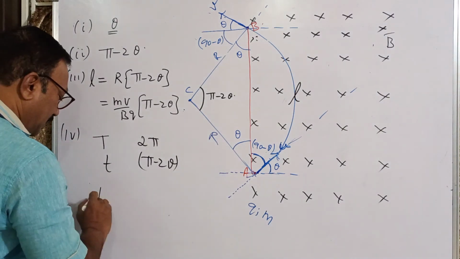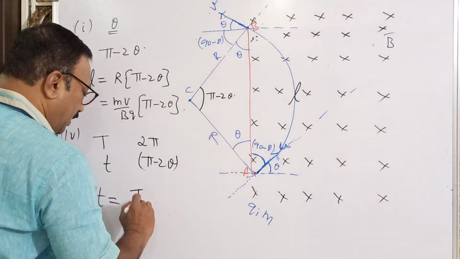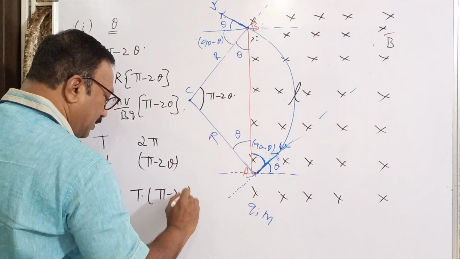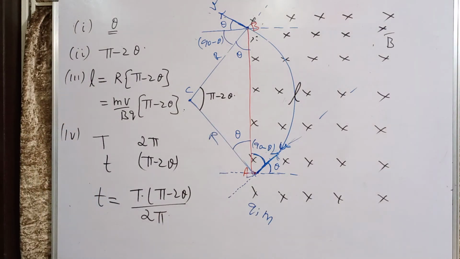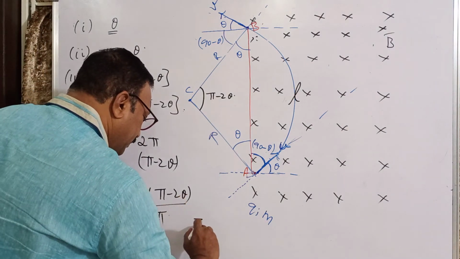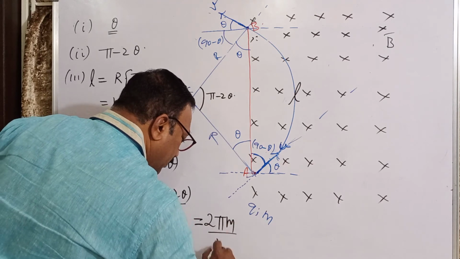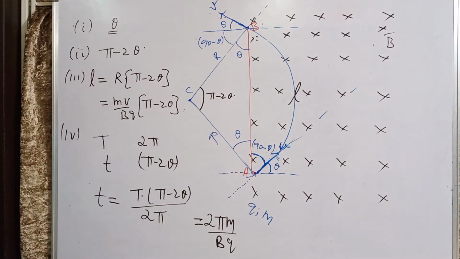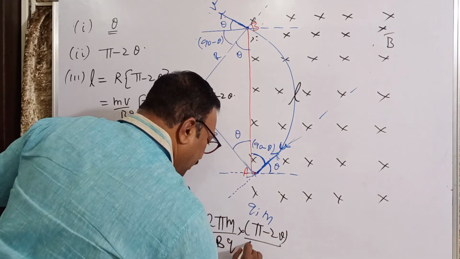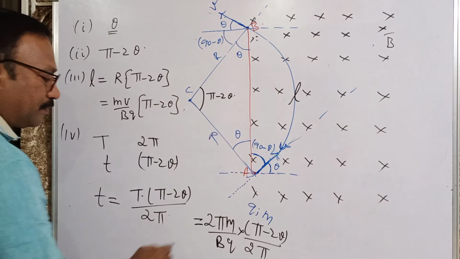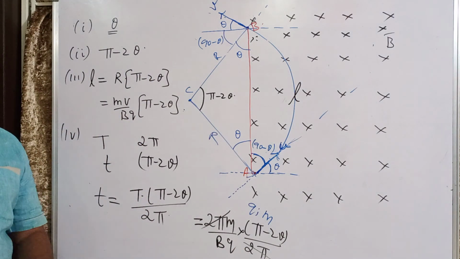Therefore, the time is equal to T into pi minus 2 theta divided by 2 pi. Further, the time period is 2 pi m by bq. So 2 pi m by bq into pi minus 2 theta divided by 2 pi. This 2 pi and 2 pi get cancelled. This is m by bq into pi minus 2 theta.